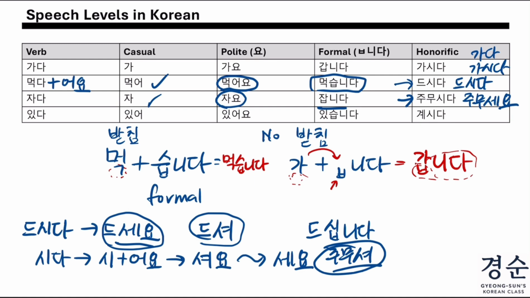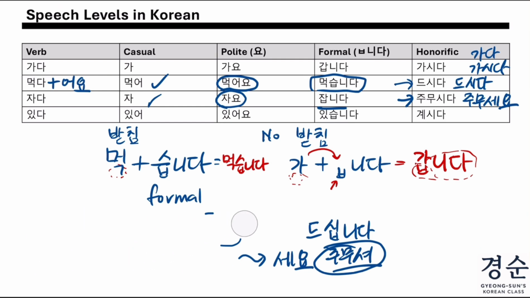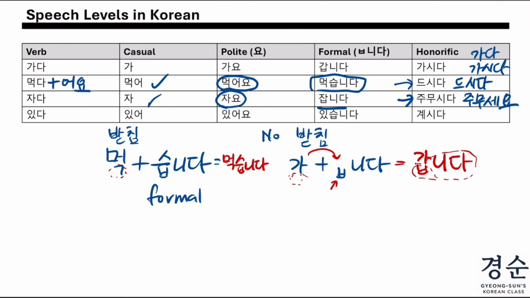있다. Okay. For 있다, I believe it is very confusing for some people. Let me explain why. Okay, for 있다, which means to have, to be present, basically.